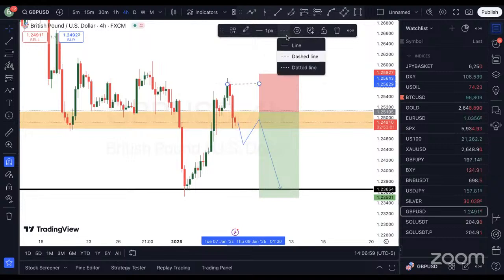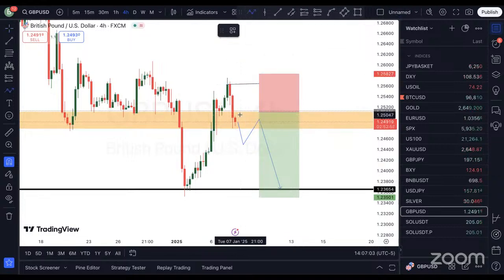That will be something like this. We want to see price cross a market structure shift here, a candle close above. If we can have a close above this place, and the candle wick high, no problem.